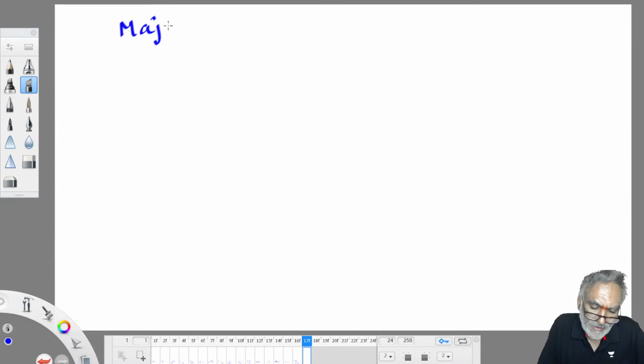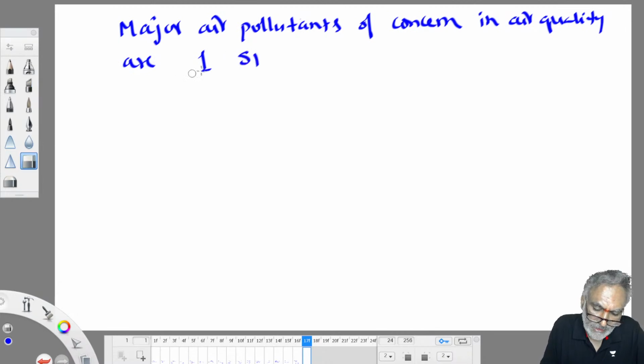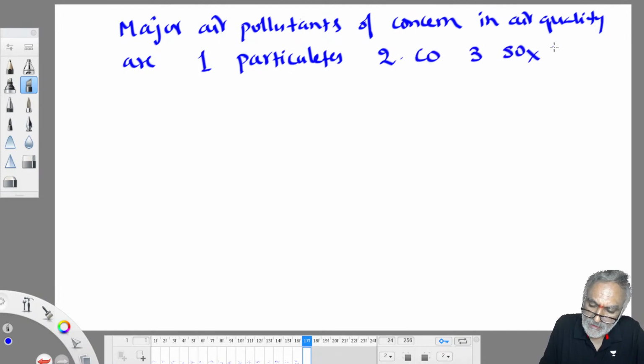The major air pollutants of concern in air quality studies are: one, particulates; two, carbon monoxide; three, SOx; four, NOx. These four.